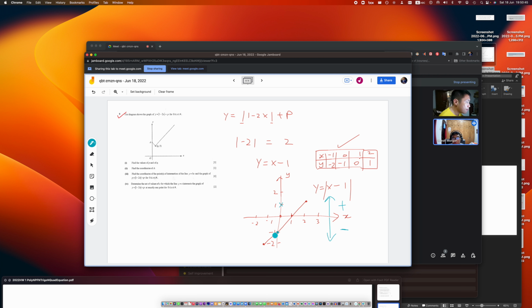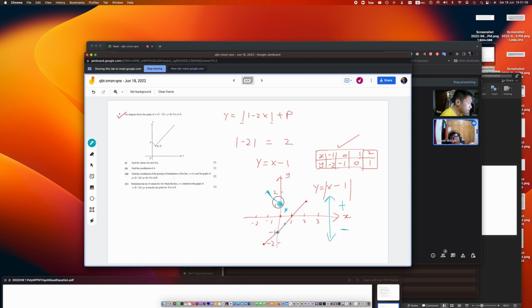Your point negative 2 will be flipped to 2. Let's say imagine this point is negative 0.5, then it will flip to positive 0.5. Understand? So now you get another line already.